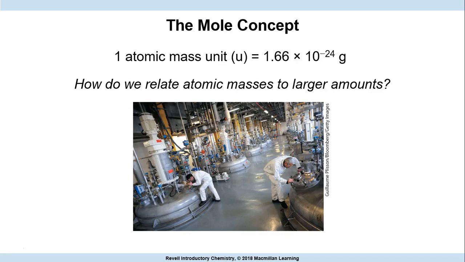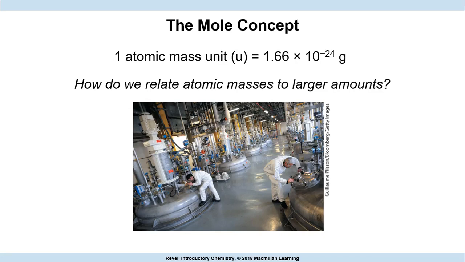We did how we can convert units, and we looked at the power raised to the 10. So if you look at this measurement here, it is a very small value. So how do we relate the atomic mass to larger amounts?